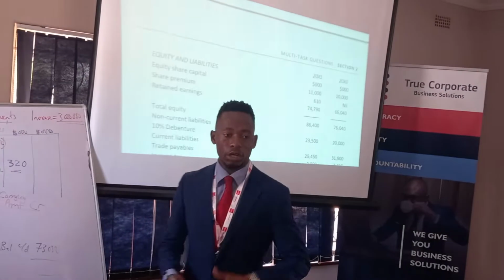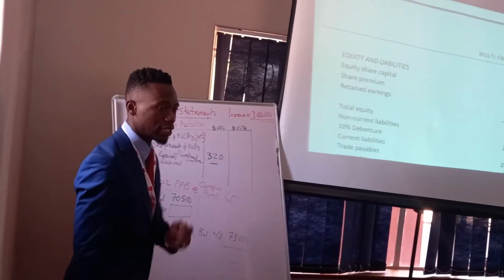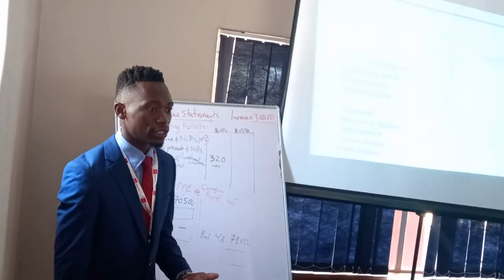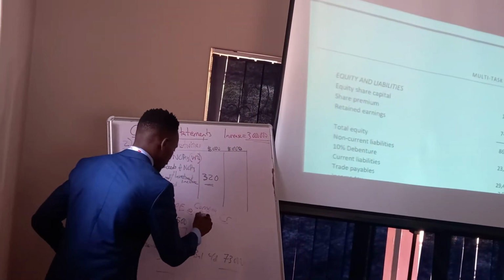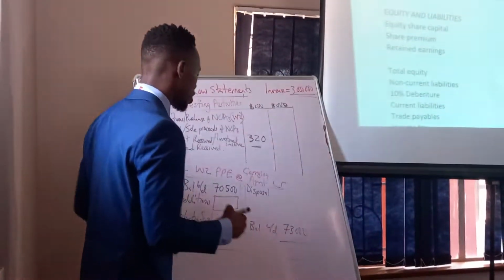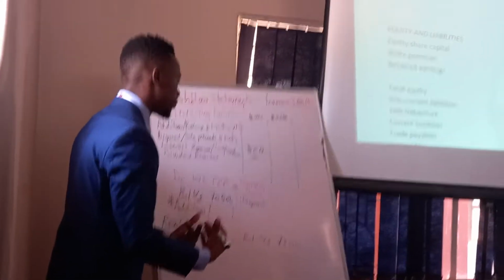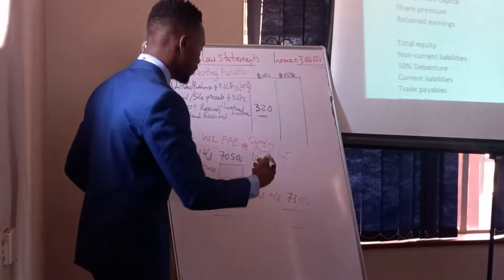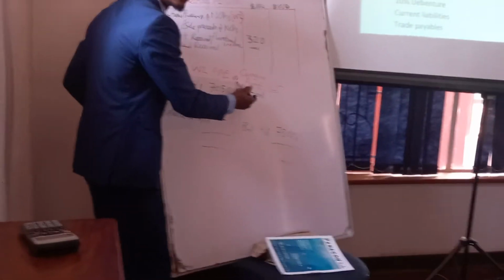What's recorded on the credit side in the PPE account? We record all the items that reduce our balance, such as disposal, right? If we dispose of assets, it will be recorded on the credit side. But guys, people do have a challenge with this disposal. What do we record? The heading is PPE at carrying amount.